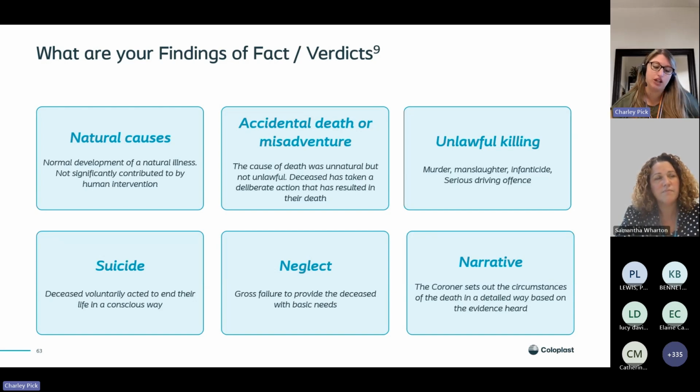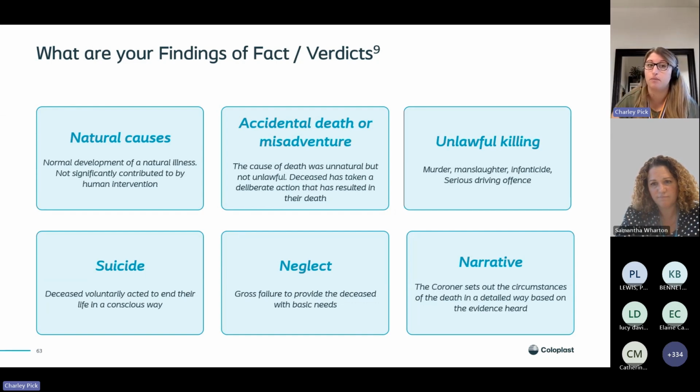With the regulation 28, there wasn't one filed for any of the areas here, because the hospital were very good at negating that throughout the hearing and saying what they'd put in place to prevent this from happening again. There are absolutely lessons learned for the hospital, the care home and the district nurses.